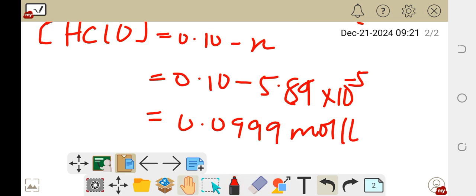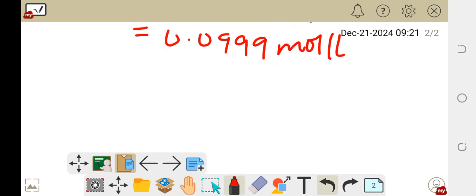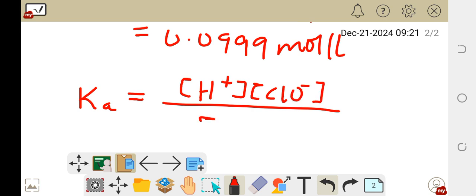Now we are ready to calculate the Ka of the hypo. We want to remember that Ka is the product of concentration of hydrogen ion and hypochlorite ion divided by equilibrium concentration of the hypo itself.